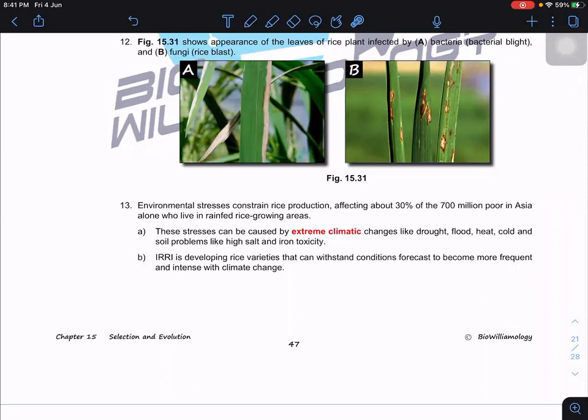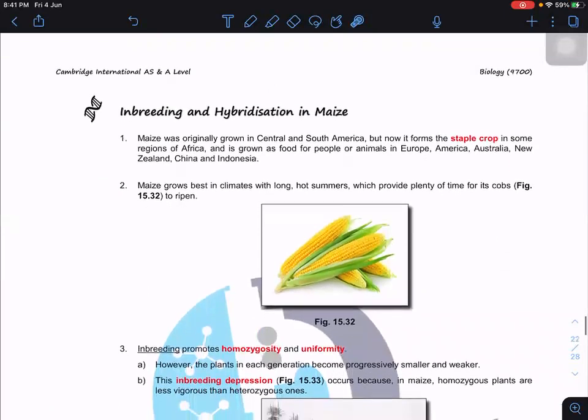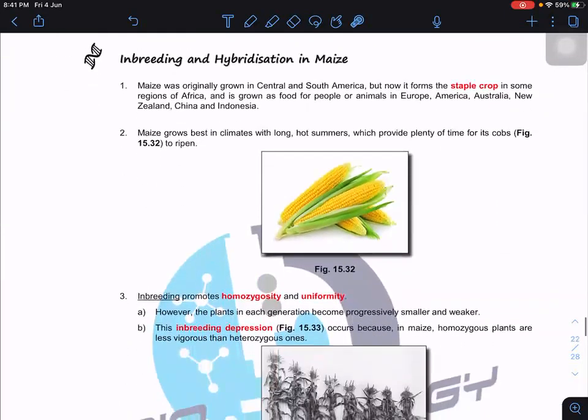But over too many generations, inbreeding depression takes place. Okay. So now we're going to look at one example when we perform it on the maize plant, where we involve inbreeding and hybridization in the maize, so that will produce what we call hybrid vigour.